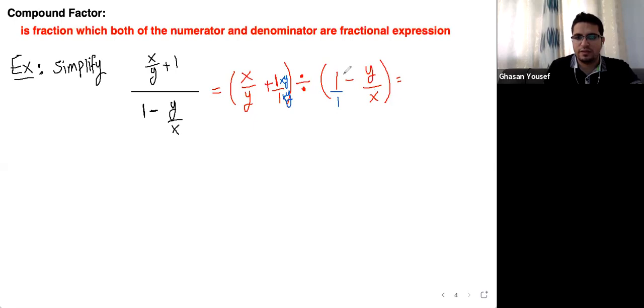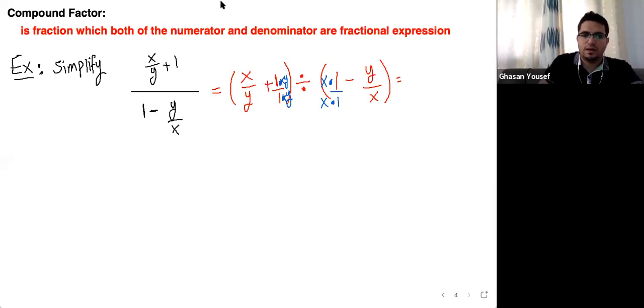To make the denominators equal, we have to multiply both sides of this fraction by x, so times x, times x, times y, times y.